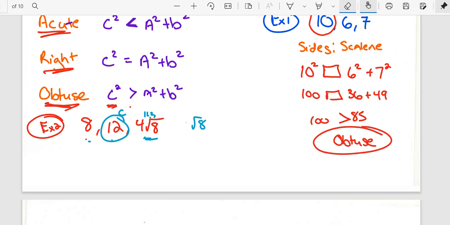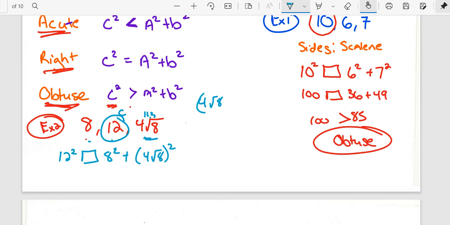So now I'm going to move on and start my converse of the Pythagorean theorem. So it's going to be the 12 first, because that's my C value. And I'm comparing that to 8 squared plus 4 root 8 squared. Now, guys, I suggest you practice how to do the 4 root 8 squared in your calculator, because you want to get an exact answer.